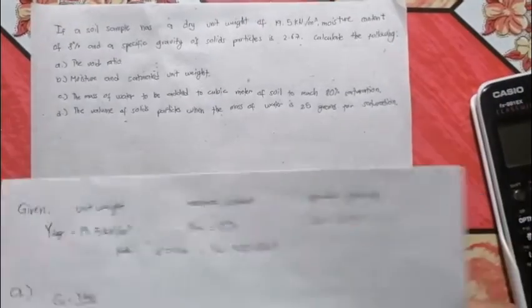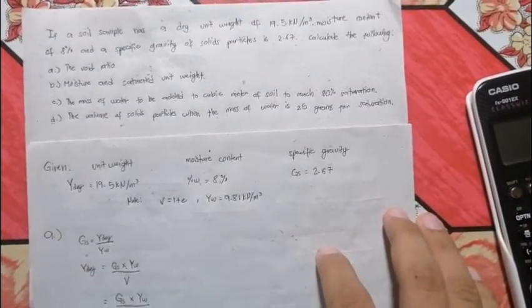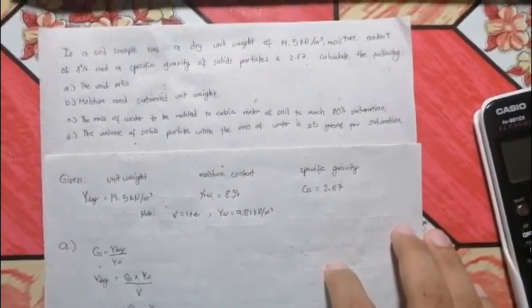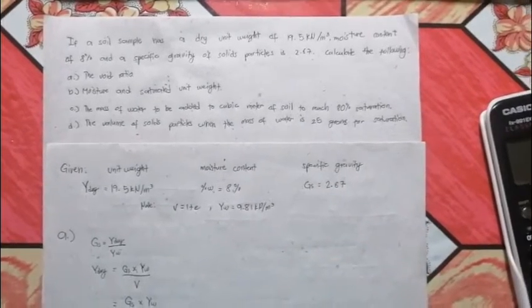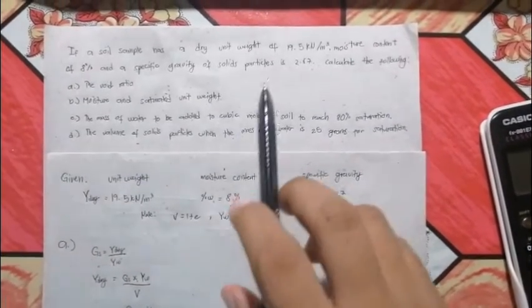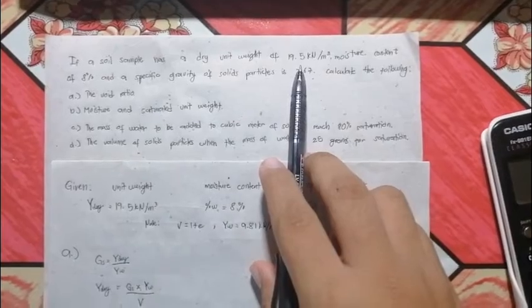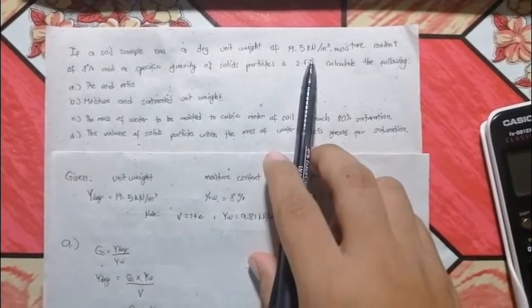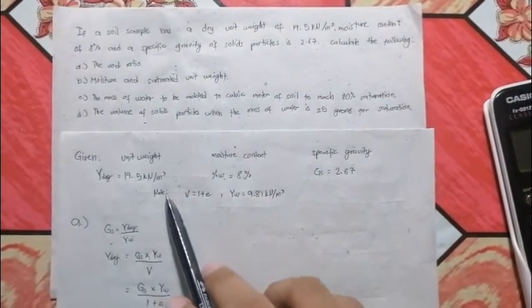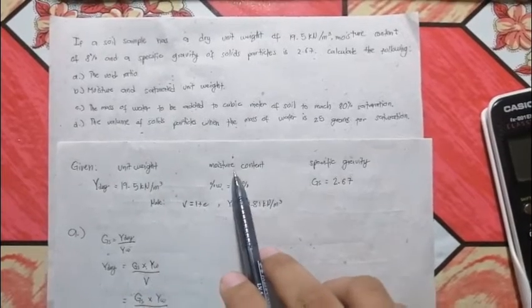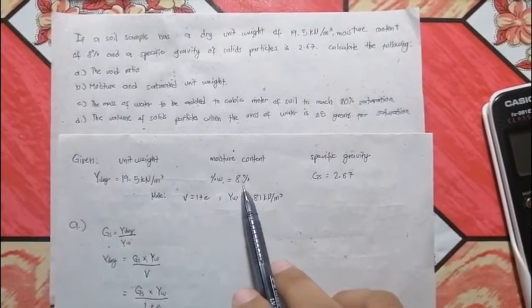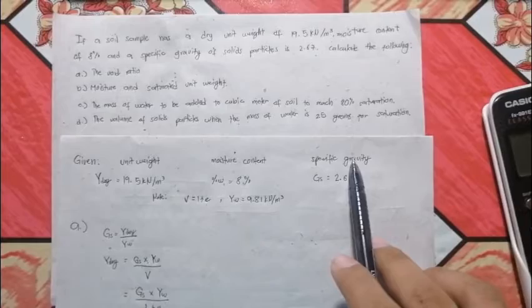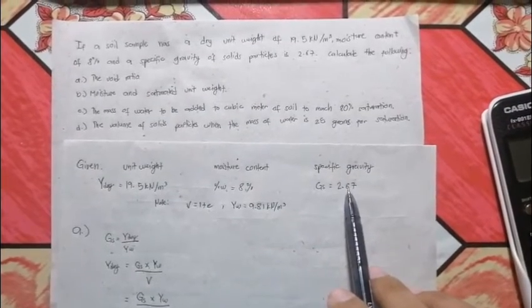So first, list out natin yung mga given. Given niya, unit weight daw ay 19.5 kilonewton per cubic meter. Yung moisture content daw niya ay 8%, at specific gravity na 2.67.